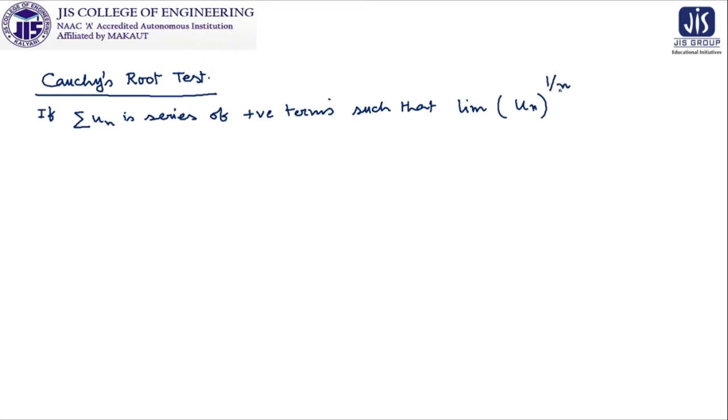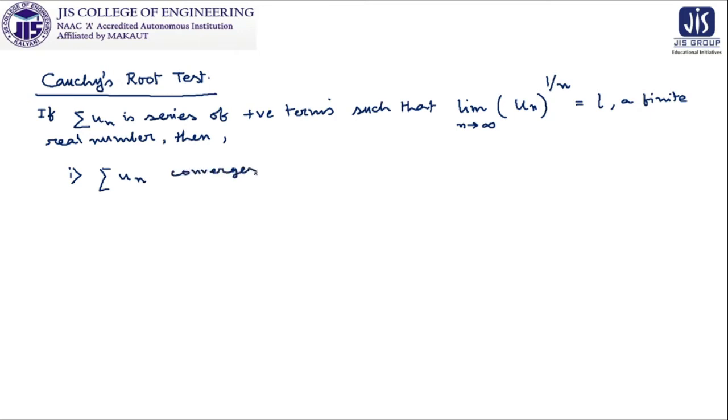That means, in one way, we are taking the nth root of our un, and if this limit is L, which is a finite real number, then on the classification of L, we are going to decide the characteristic of our series, that is summation un.